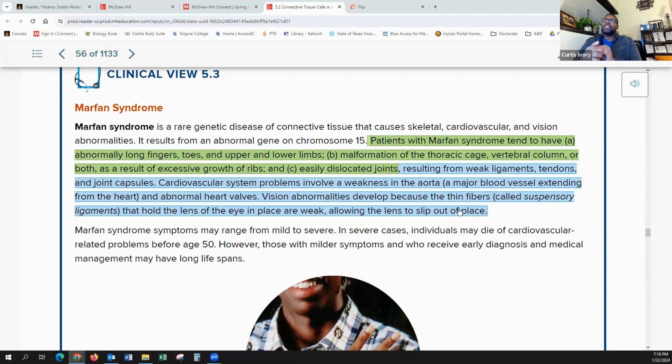especially within the heart, because remember your aorta comes off your heart, which is your main blood vessel that takes all your blood to the rest of your body. It can also affect your heart valves, which are cartilage. Your heart valves allow blood to flow in and out of your heart.